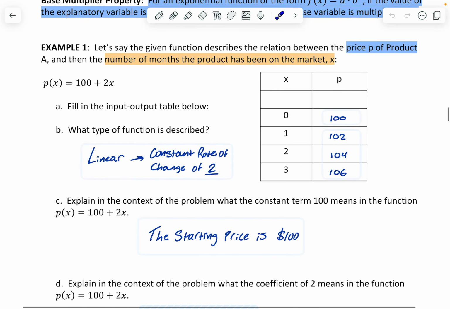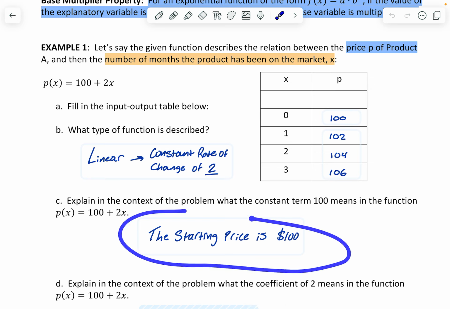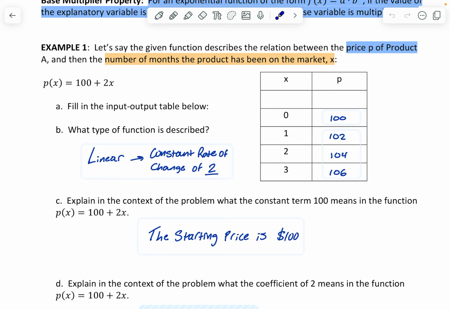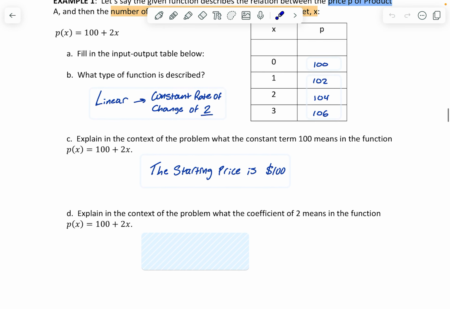In the context of this problem, the starting price is 100. That's what that constant value means, the constant term. And in the context of this problem, the coefficient of 2 means that the price increases by $2 every single month. That's our rate of change.